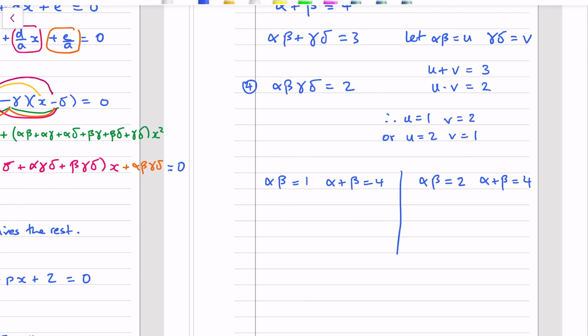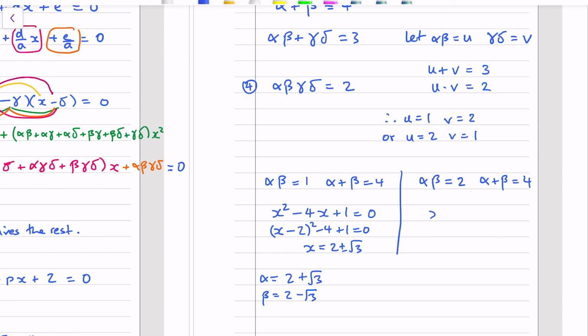We could either rearrange one of them and sub it into the other, or just go two roots that add to 4 and multiply to 1 is the same as solving this quadratic equation. Alpha and beta will be the roots of this quadratic equation. So x is equal to 2 plus or minus root 3. So we could just say alpha is 2 plus root 3, and beta is equal to 2 minus root 3. It doesn't matter what alpha and beta are, because we just arbitrarily picked alpha and beta.